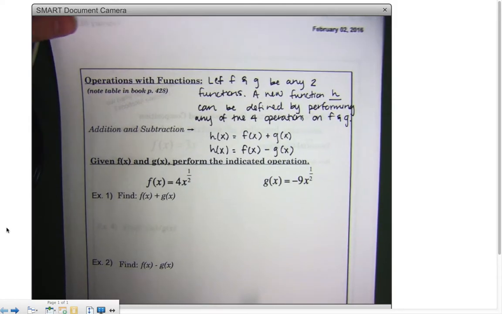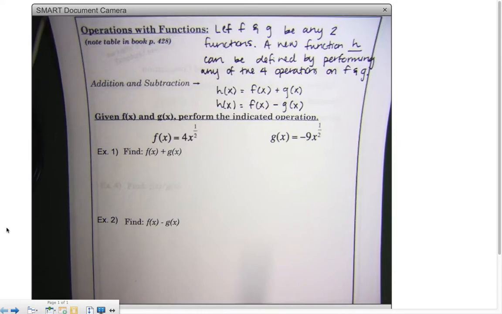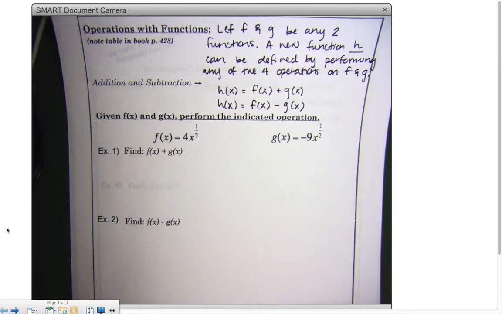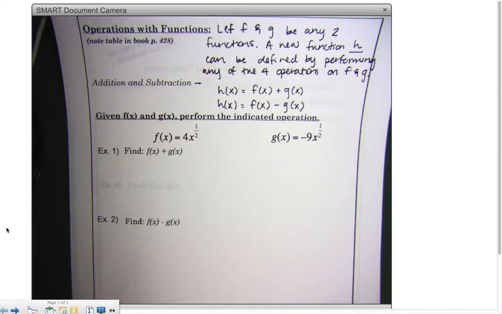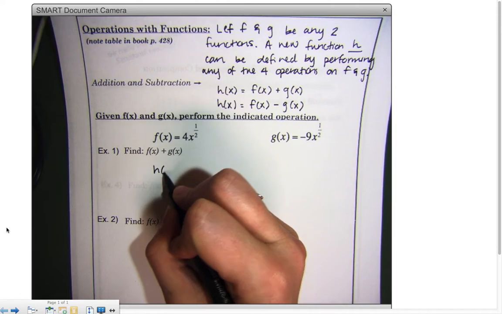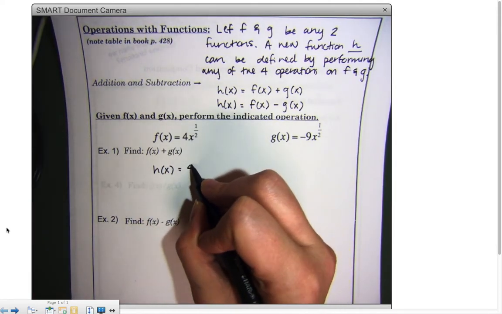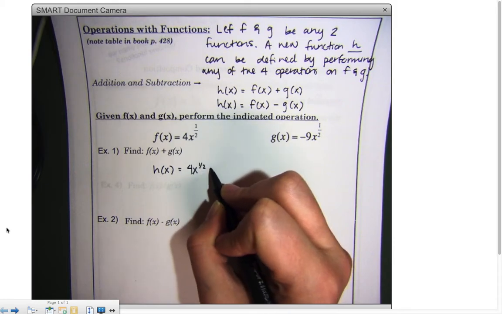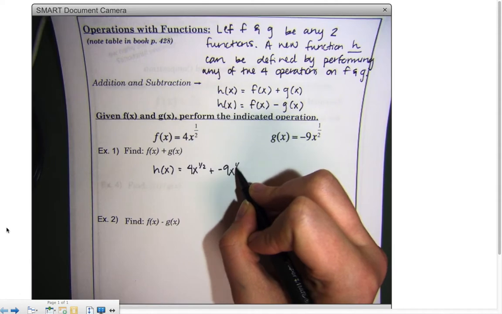So let's try this example. f of x equals 4x to the 1/2. g of x equals negative 9x to the 1/2. So we're going to add f of x plus g of x. So let's just call our new function h of x. I need f of x, which is 4x to the 1/2, plus g of x, which is negative 9x to the 1/2.